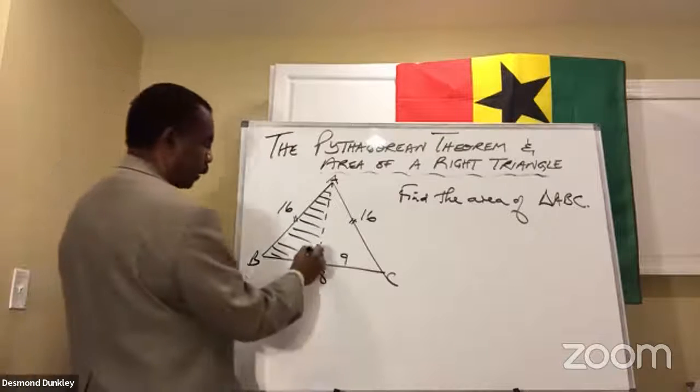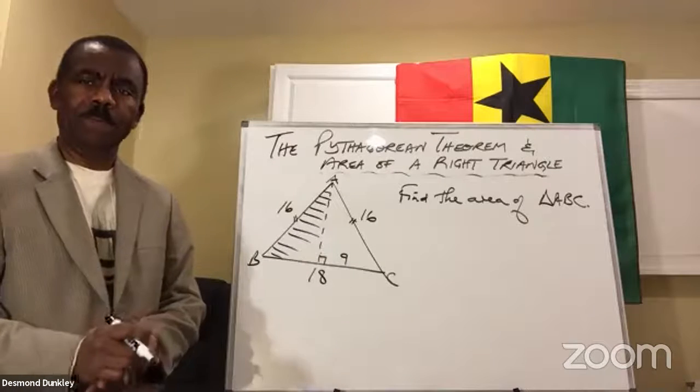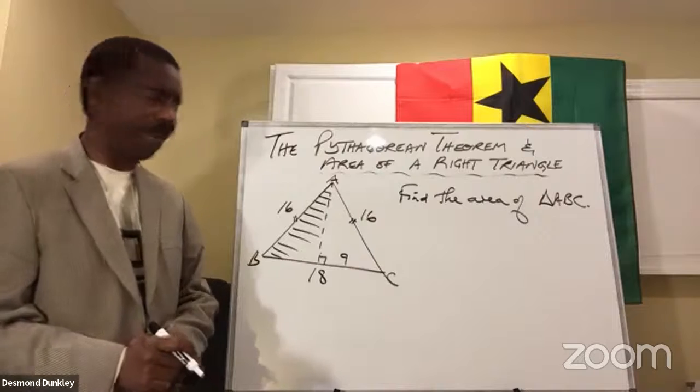And then, of course, if you drop a perpendicular, then you now have a right triangle. So far, so good? Okay.